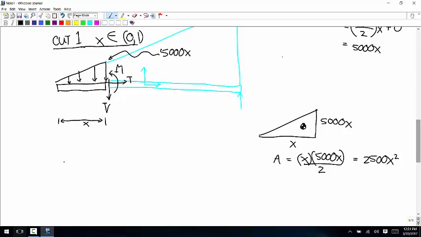So now I can redraw this free body diagram. We have the internal loads T, V, M. And now that triangular distributed load is replaced by a point force with a magnitude of 2,500x squared.